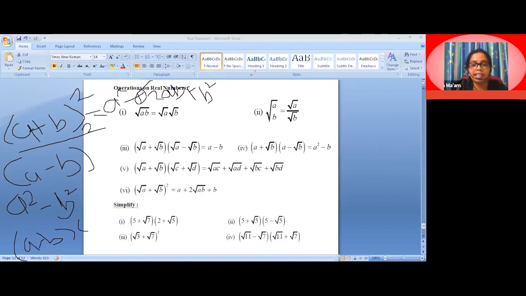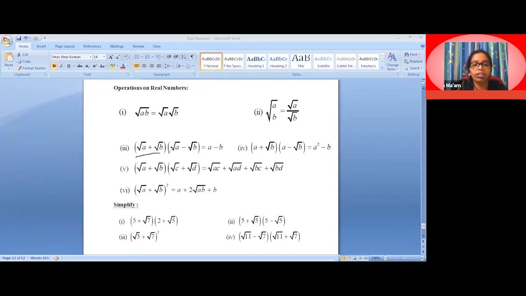Now what in case you have some irrational numbers? So let's say root a is one irrational number plus root b is another irrational number, and if we want to multiply this bracket, this is nothing but your (a plus b) into (a minus b) form, right? If you multiply these two brackets, what will you get? A square minus b square, right?